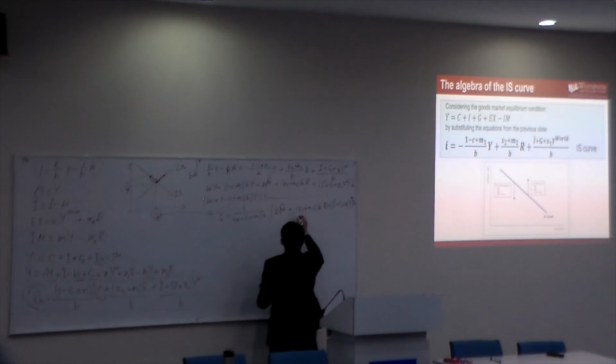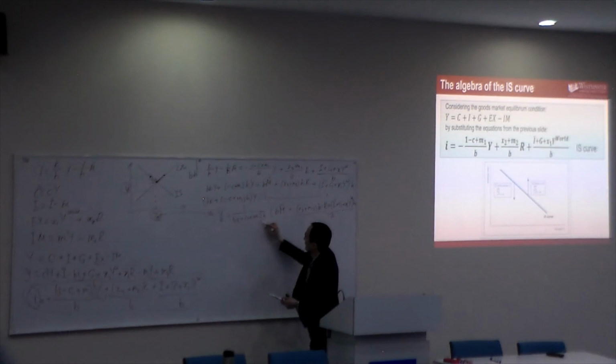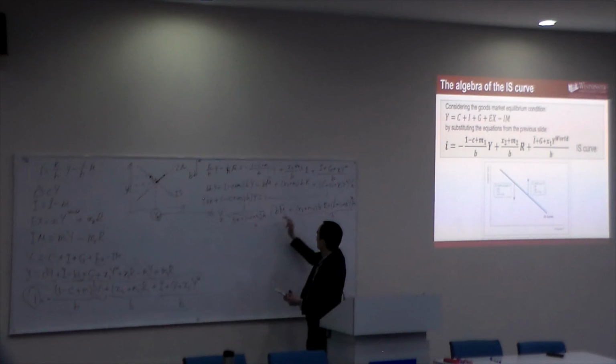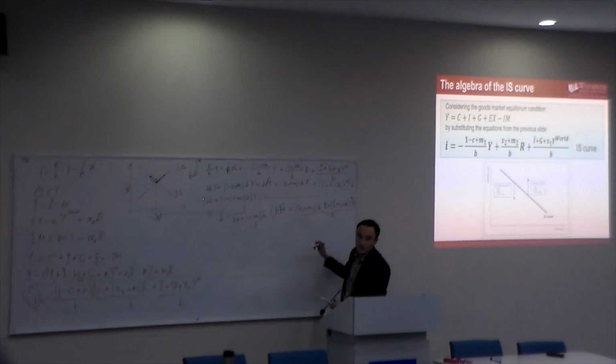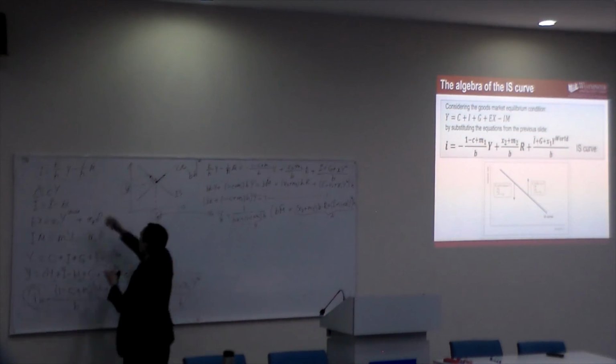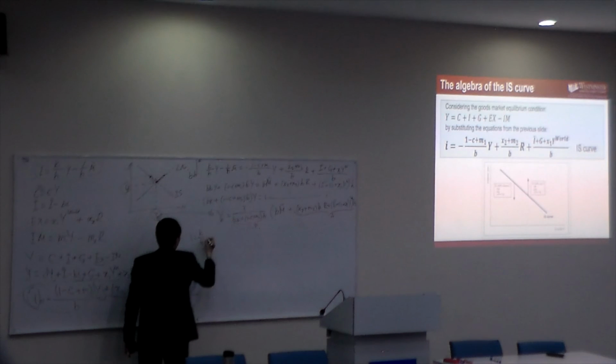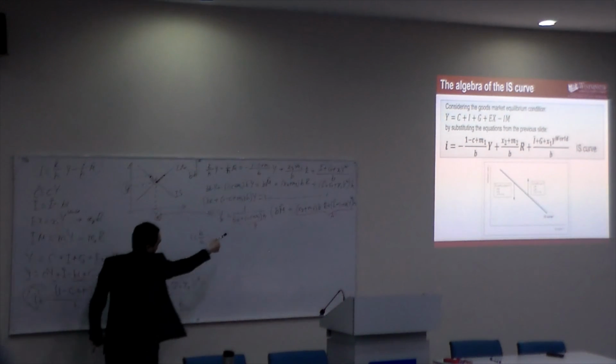Now let me consider this point as A, and this one as beta, where this factor multiplies this one and beta is multiplied by this one. Alright? So now I write it here. The interest rate is equal to K over H times Y, which is equal to that one.